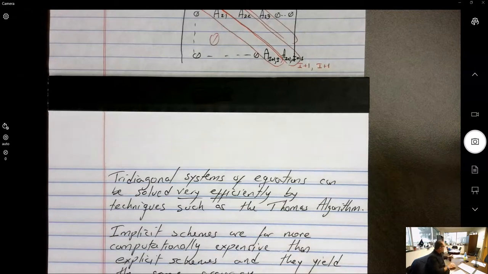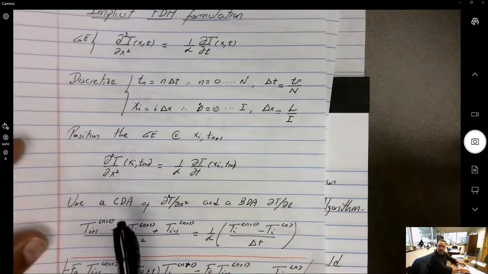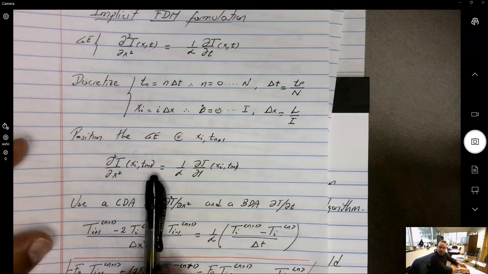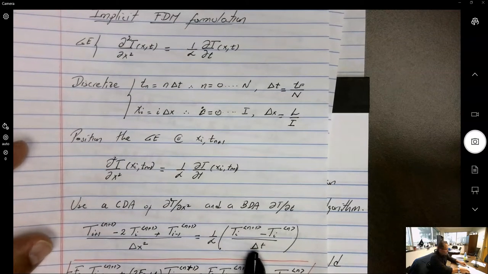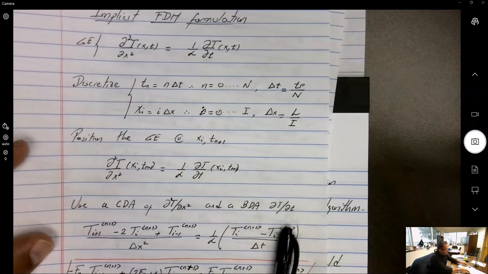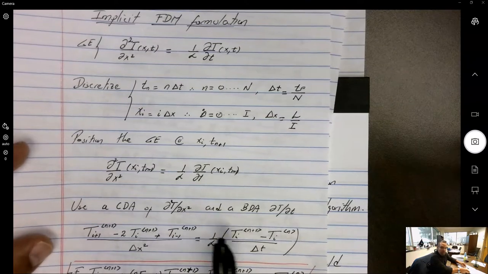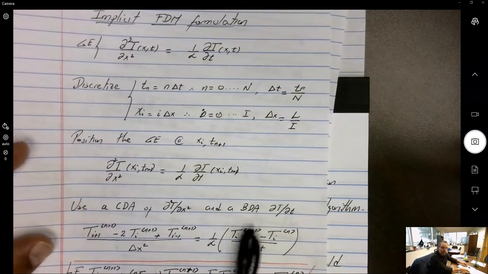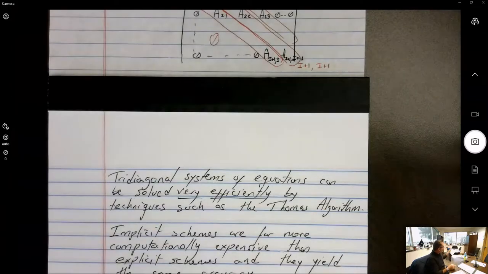There's nothing different that we did here when we discretized the differential equation using a central differencing approximation in space and a backward differencing approximation in time. So this is order delta x squared accurate, which is the same as before. And this is order delta t accurate, which is the same as if you did a forward differencing approximation. So we didn't alter the accuracy of the scheme.